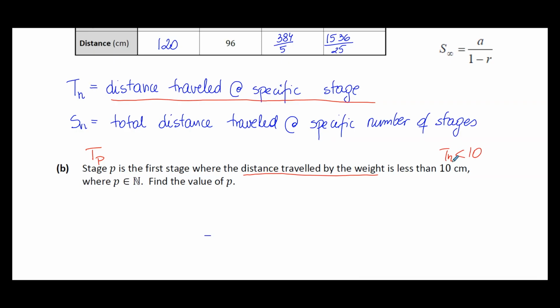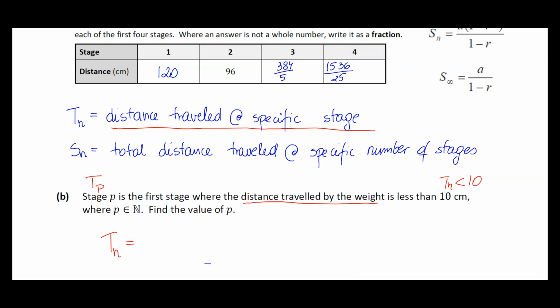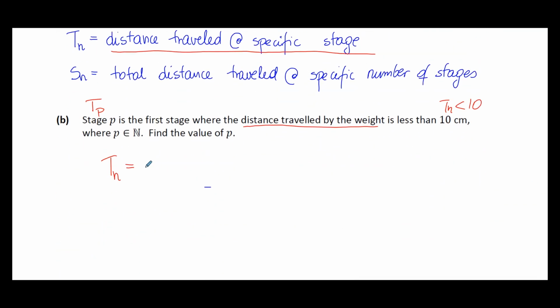Okay, so what's our formula for Tn when it comes to geometric sequence? We have A multiplied by R to the power of n minus 1. So here, applying the information, that value has to be less than 10.